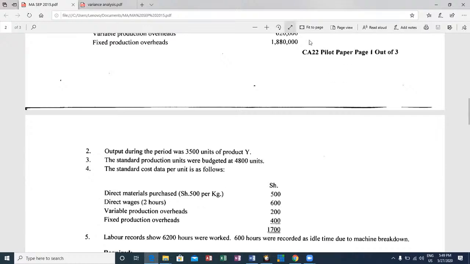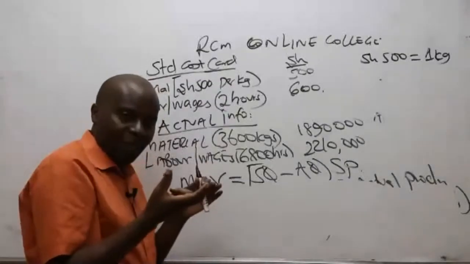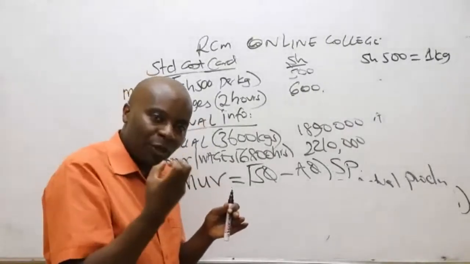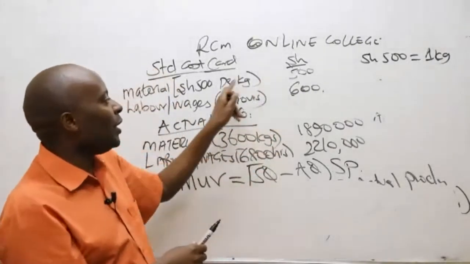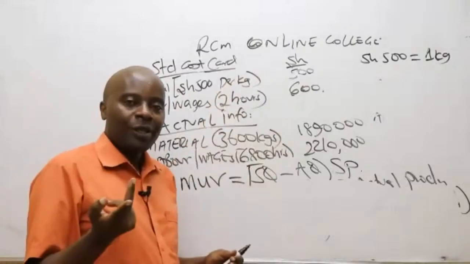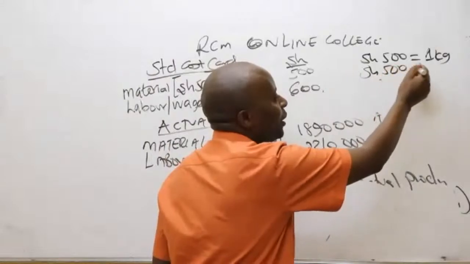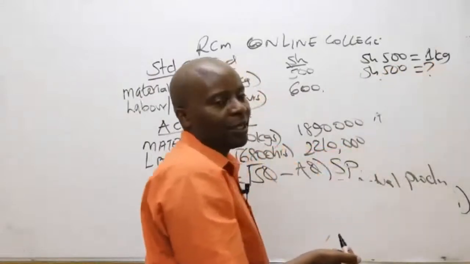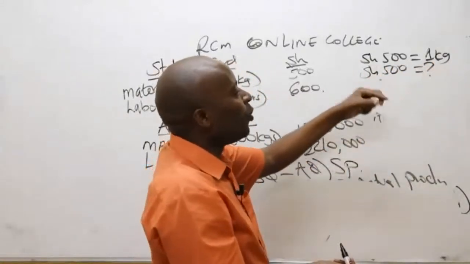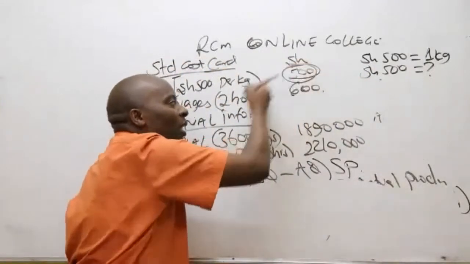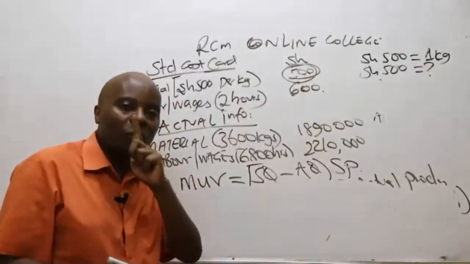Assuming it was taking 1,000 shillings in terms of materials, one finished unit, then I would have said that we need 2 kilograms. But here, our product needs shillings 500. So if you cross multiply, you realize that the standard quantity is still 1 kilogram.